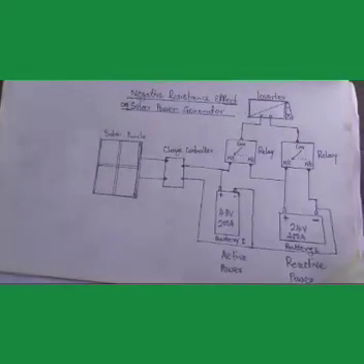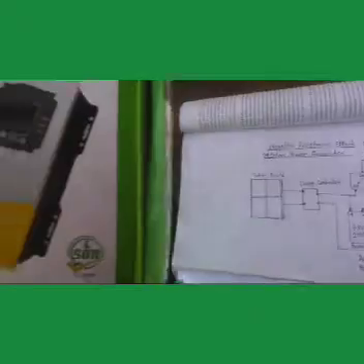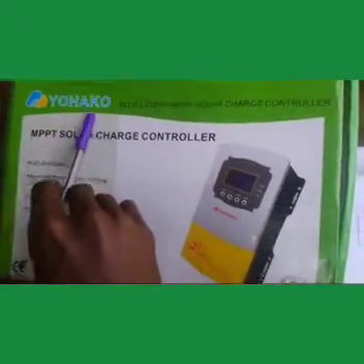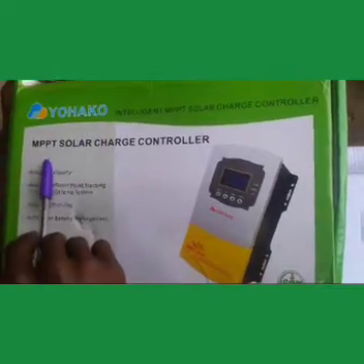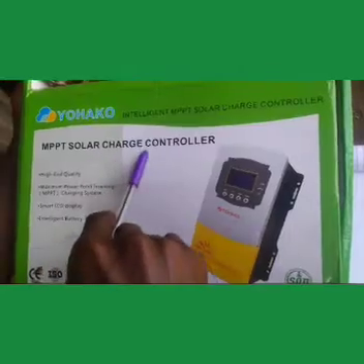Since you need an effective and efficient charge controller, I want to introduce to you the charge controller we used in our own experiment, the Yohako MPPT solar charge controller.